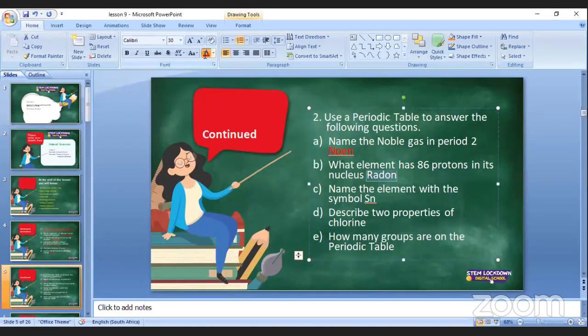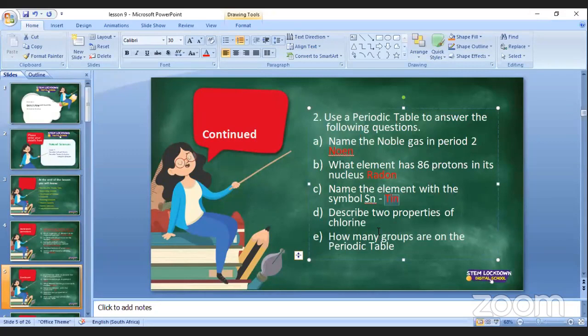We are doing corrections from yesterday's homework. So they say, name the element with the symbol Sn. So the symbol Sn is tin. If you don't know how to read your periodic table, you will not get these answers, grade 9s.